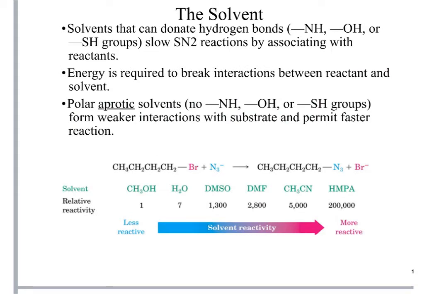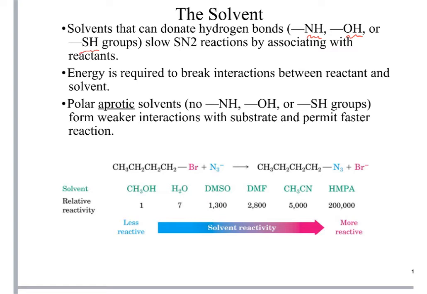Solvent. Solvent is really important in an SN2 reaction. Solvents that are protic, meaning those solvents that can form hydrogen bonds, so those compounds that have a nitrogen-hydrogen bond or oxygen-hydrogen or sulfur-hydrogen bond, will slow down SN2 reactions because they will associate themselves with reactants via hydrogen bonds.